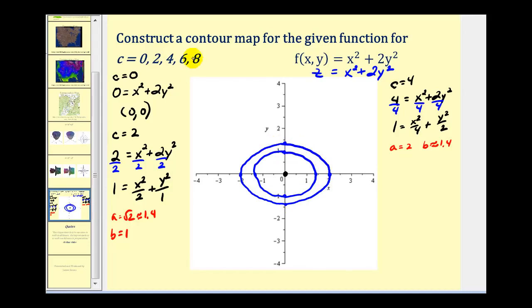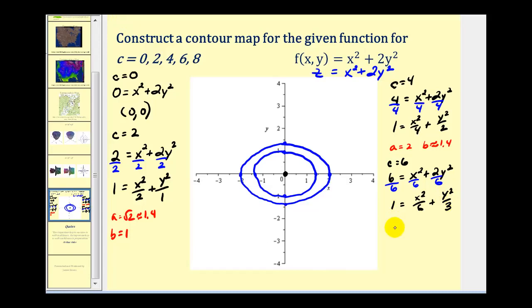And now c is going to equal 6. So we'll have 6 equals x squared plus 2y squared. Divide by 6. So we'll have 1 equals x squared over 6 plus y squared over 3.